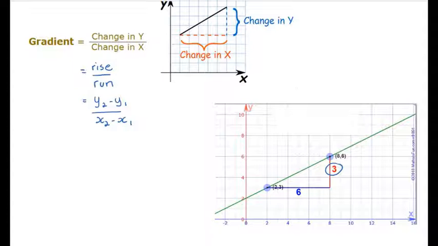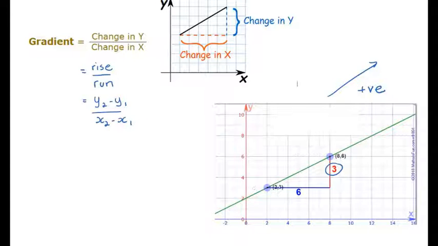In this example, I've got a green line, it's my line, going up from left to right. Because it's going up from left to right, the gradient, the slope of the line, is positive. Now remember we said in the last video that we can give a number value to that slope. Our gradient is our change in y, the difference between the y values, or the rise.